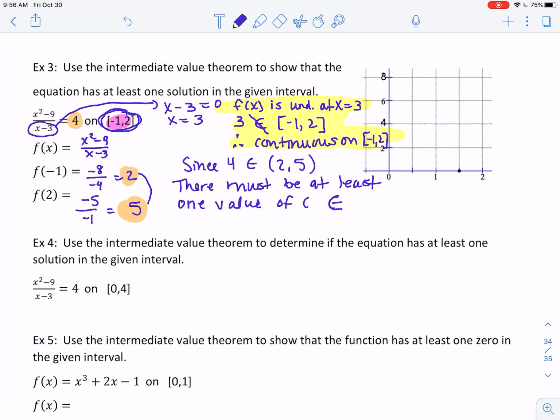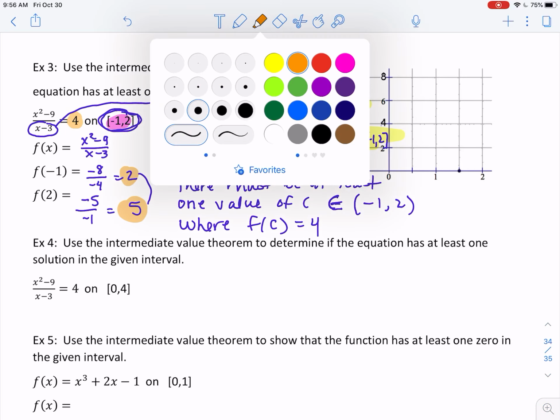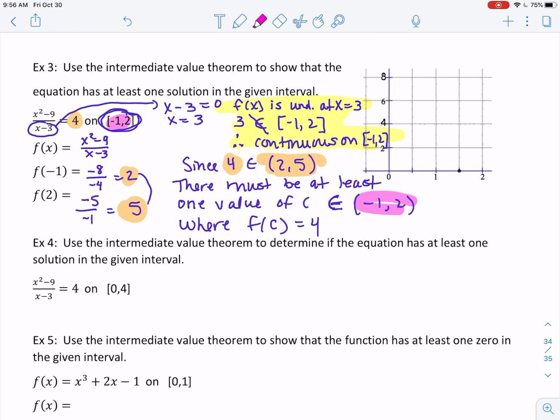It can't be the endpoints. Where f of C is equal to 4. Okay? And so that orange is this, right? 4 is in there. There has to be a C in this.